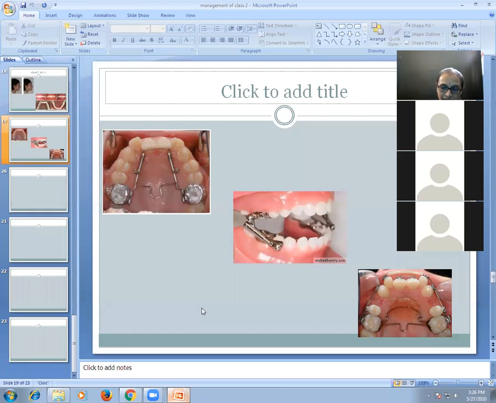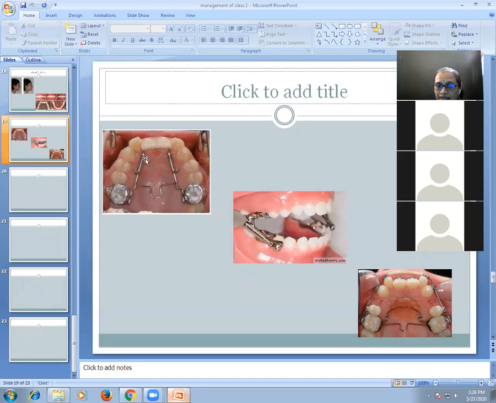I hope you understand that. If this does not happen, we will have to correct the lower jaw by applying fixed functional appliance to bring it forward.